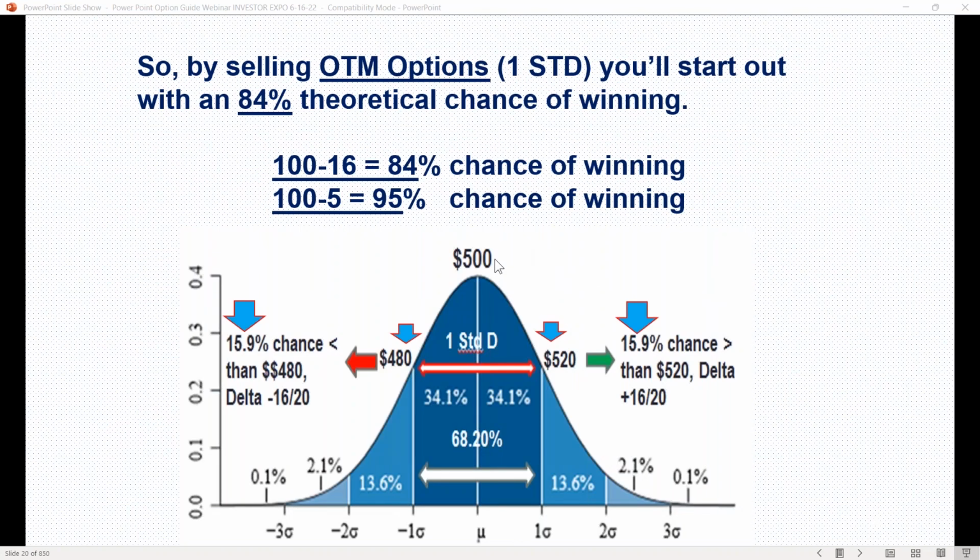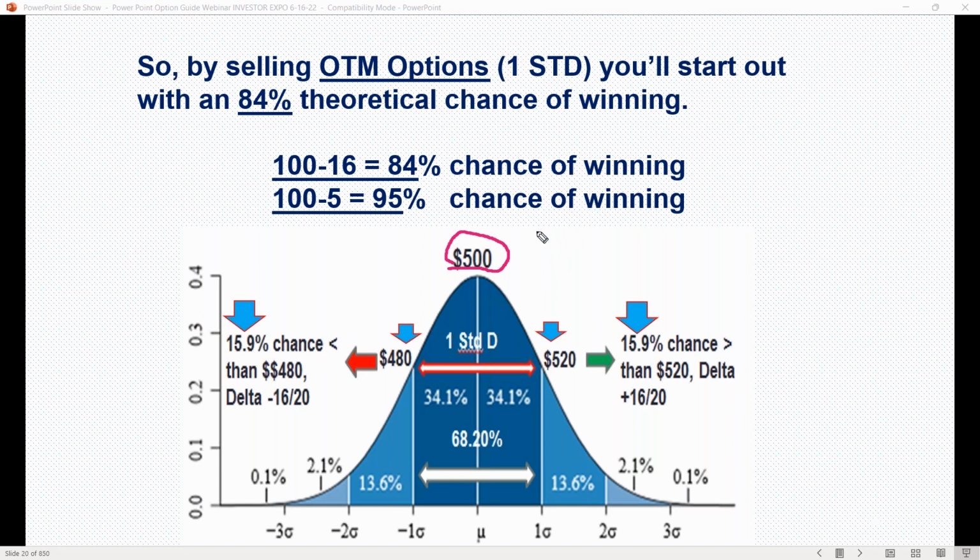If you look at this diagram here, this is what we call a normal distribution curve. It helps to clarify these option statistics. In option statistics 101, this is the top of the bell curve here. We're looking at this distribution of data, and in this example, it's a distribution of price.